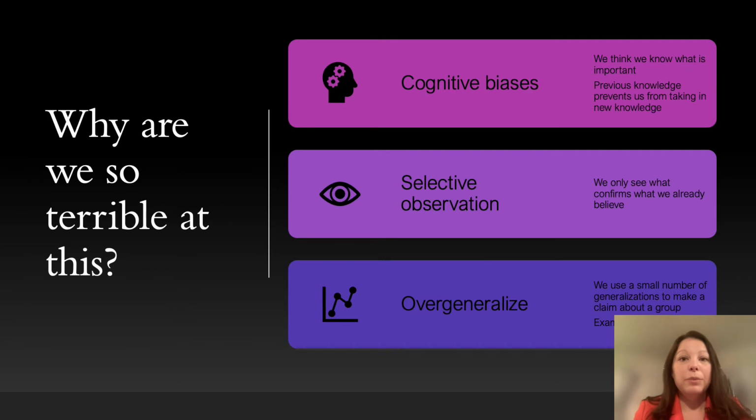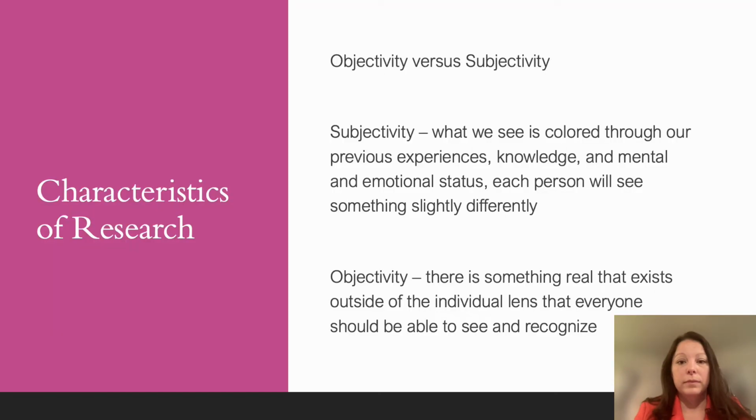Yet, we can improve upon these systems if we put these types of cognitive biases in check. And that's exactly what research is doing. Research is saying, here are the cognitive issues that we tend to have as humans, and here's how we account for those issues and make sure they don't influence what we're seeing in our data.